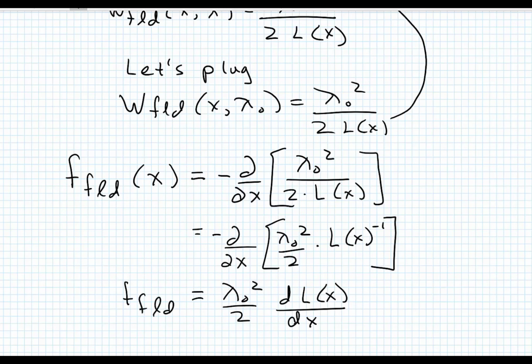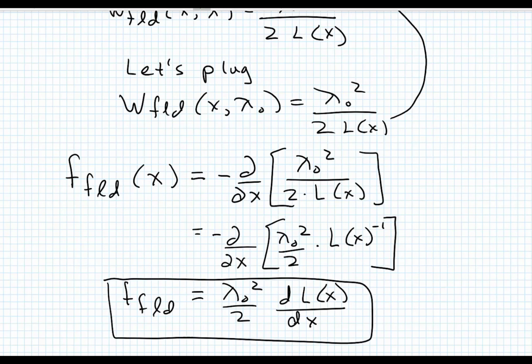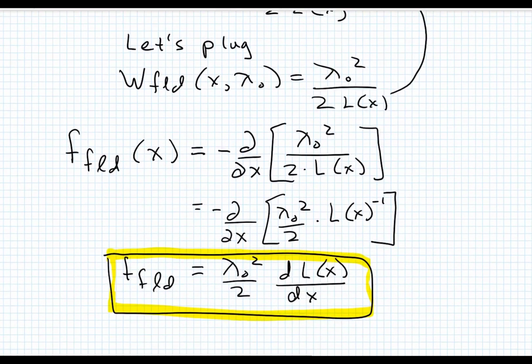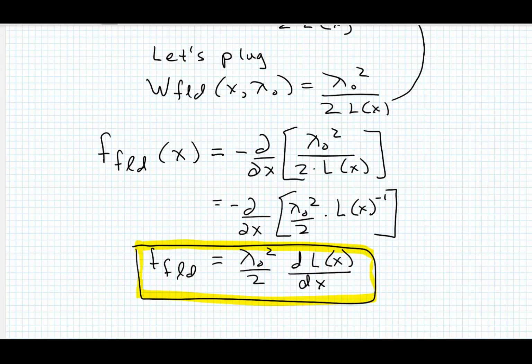So there's your second general expression that you can use. Quick question: why does the negative drop off? Because of doing the derivative, right? You're going to get negative 1 times the derivative of Lx dx. Oh, that's right. Thank you. Yep.